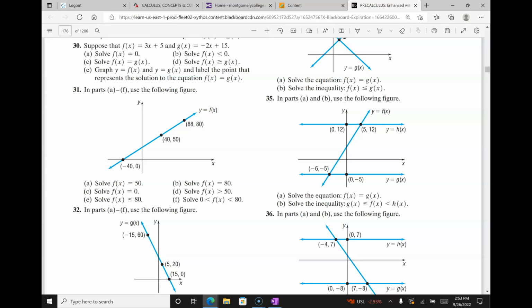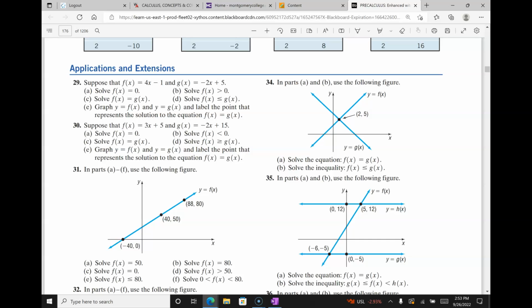3.1. I think I gave you 29. Let me do 30. I gave you 29 in 3.1, right? So let me do 30, okay? So this one it's real important that we can do this in Desmos and algebraically, okay?